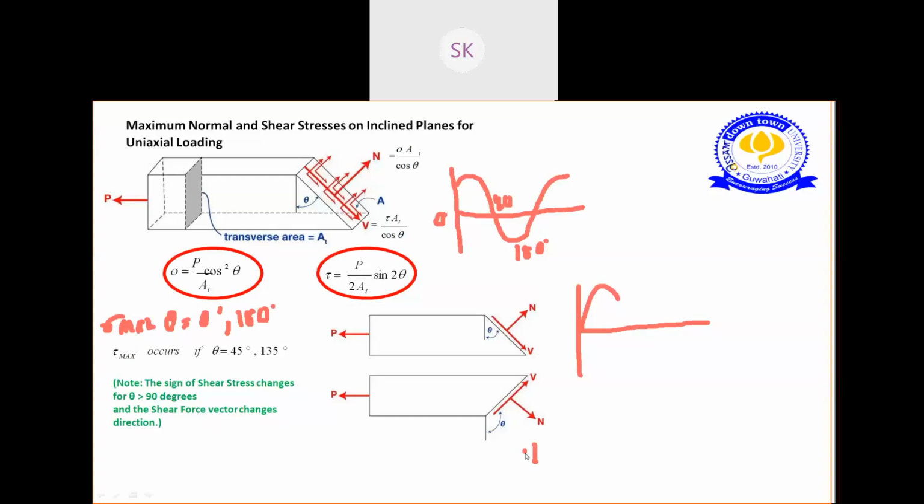Now see, the catch is here. It is 2 theta, and 2 theta is 90 degree. So what will be your theta? Definitely it will be 45 degree, right? Am I clear?